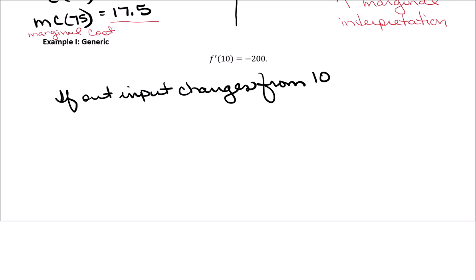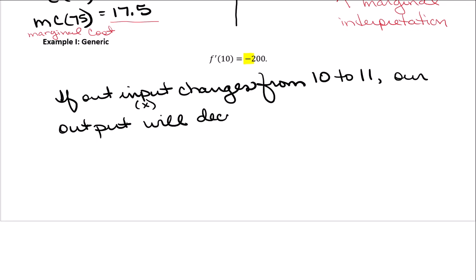So if our input, again, x, changes from 10 to 11, our output will also change, but will it increase or decrease? Notice here, the derivative is negative. So that tells us that our output value will decrease by 200 units.